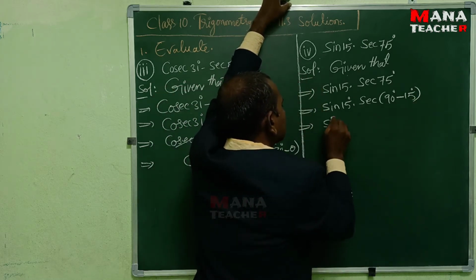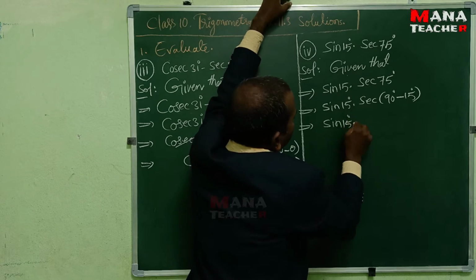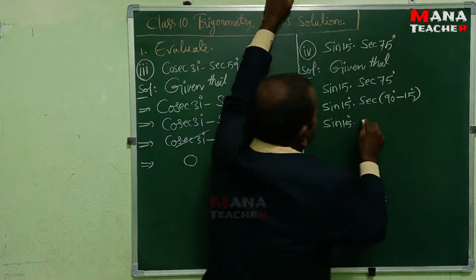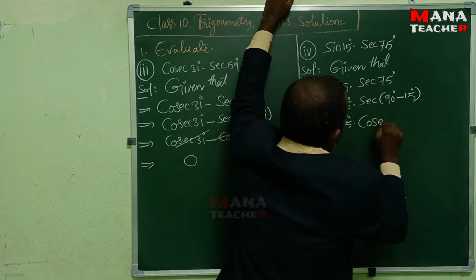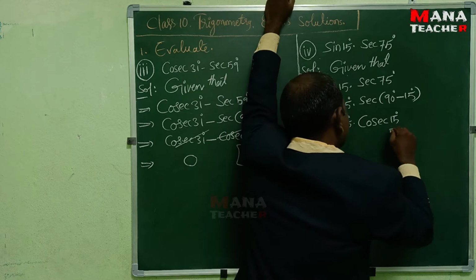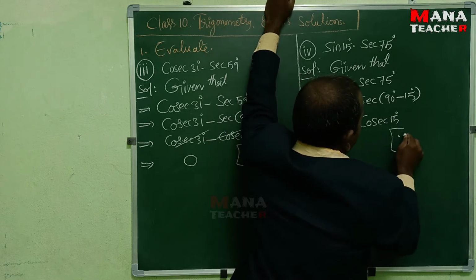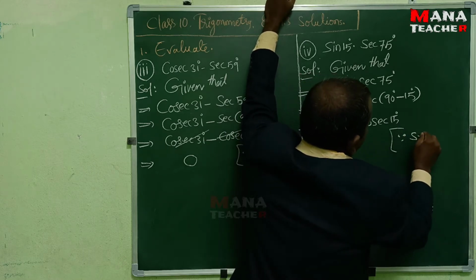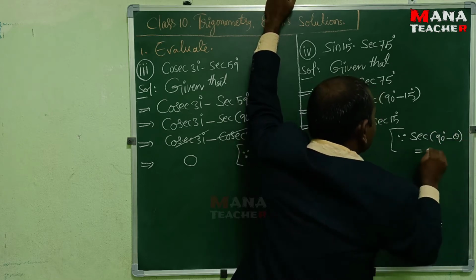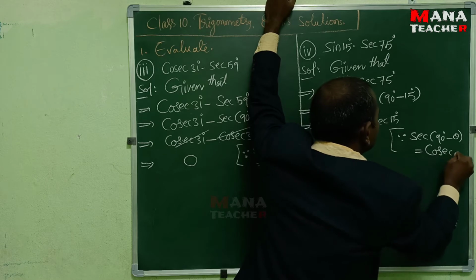Now sin 15 degrees times sec(90 minus theta), which is cosec theta, cosec 15 degrees. Here sec(90 minus theta) equals cosec theta.